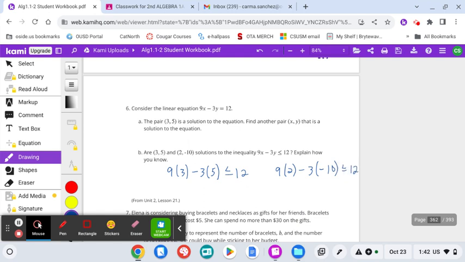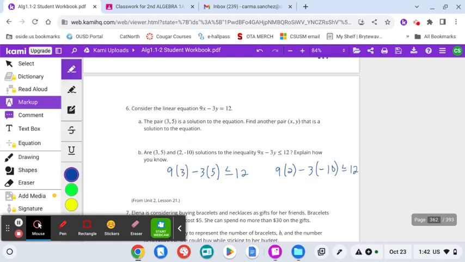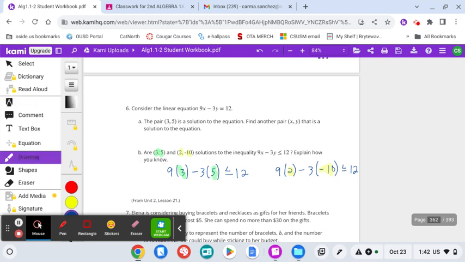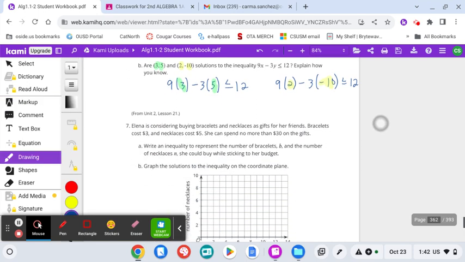So go ahead and test plugging in those x and y's. Notice I plugged in this x right here, this y right here. Go ahead and solve and see if it gives you a true statement. Then I plugged in this x right here and this y right here. Go ahead and plug in and see if it gives you a true statement.